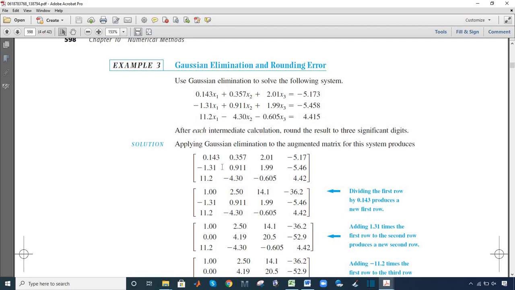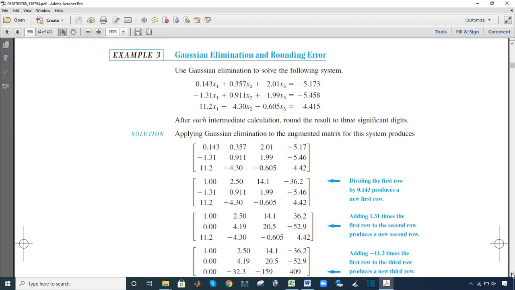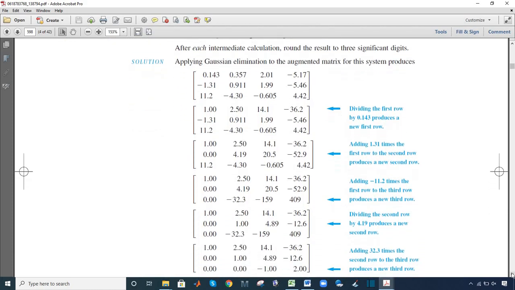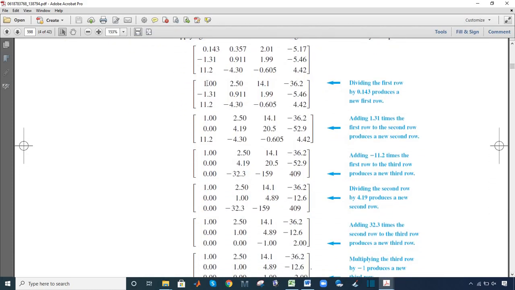First you have to write these equations in matrix form, and then apply matrix operations so that the first element of the first column would be 1, then the second element of the first column will be 0, and then the third element of the first column is 0.